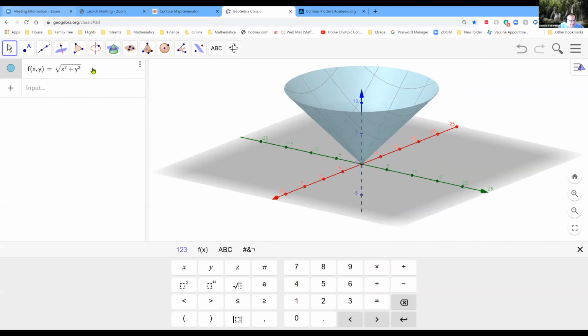So if you got a question like, taking my life into my own hands here, sine of 5x plus 2y.